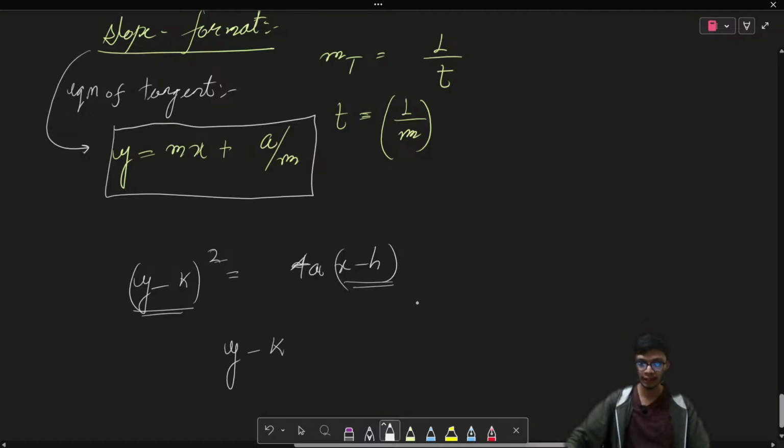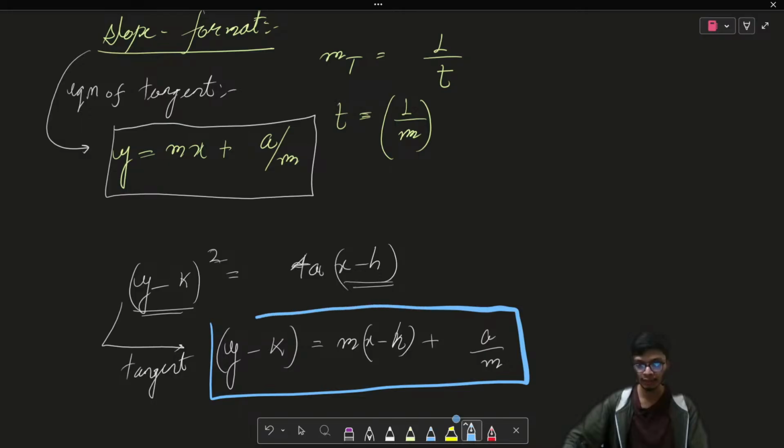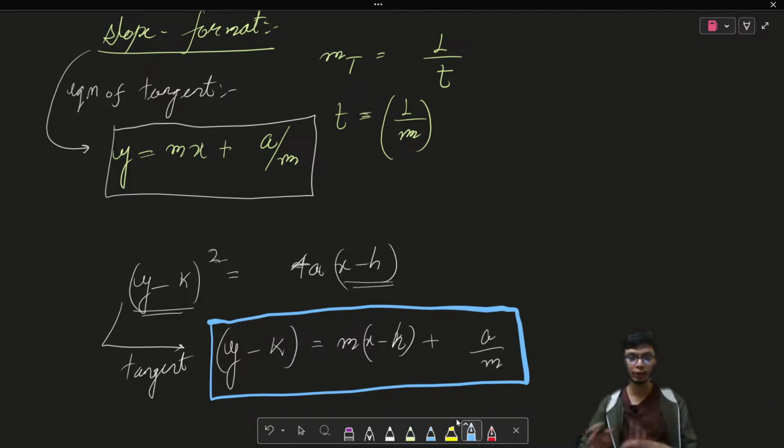So in this case also, the tangent equation will be y minus k equals m times x minus h plus a by m, right? So this is how simple the results are. Even if you transform the vertex of the parabola to a different point, the result is going to remain the same as long as you preserve the transformation of the coordinates, right? Is this part clear?